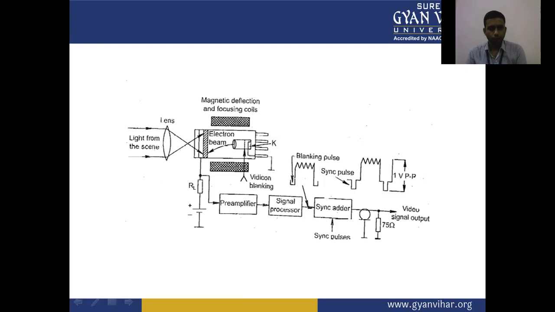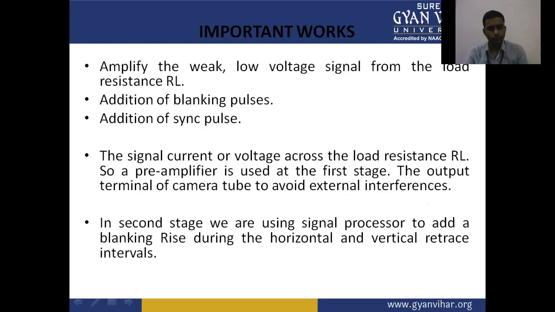In the Vidicon camera tube, we have a magnetic deflection and focusing coil. This arrangement is used to deflect the electron beam and maintain it at the center, and the coil focuses it. Correspondingly, we get the video signal output.